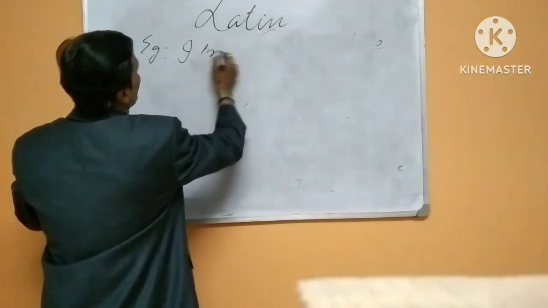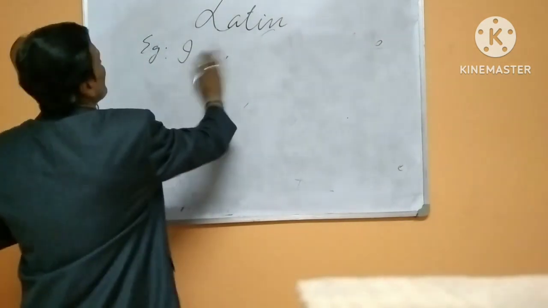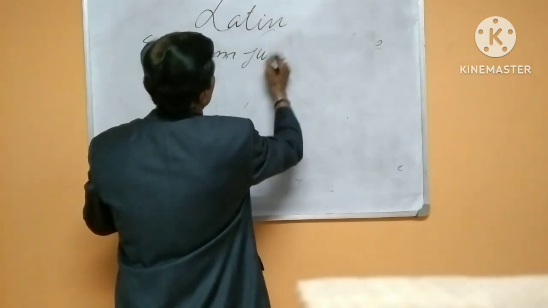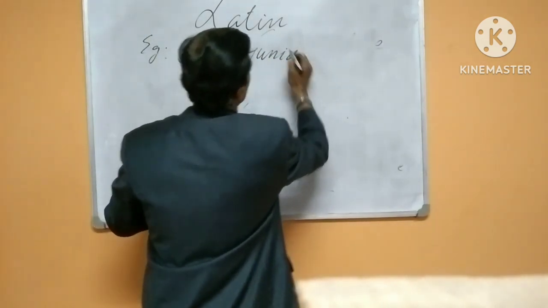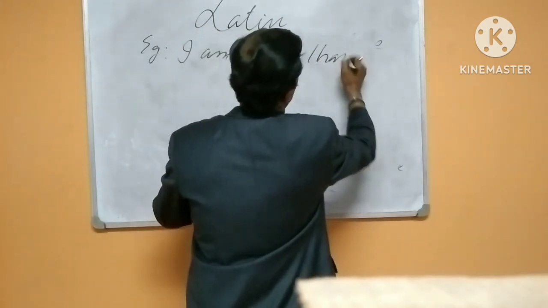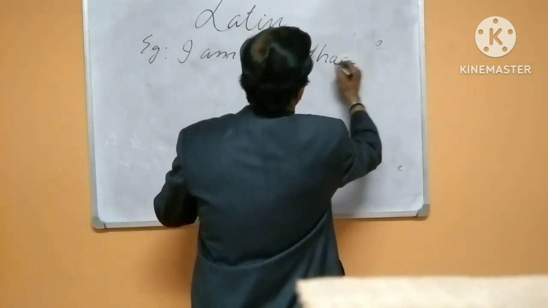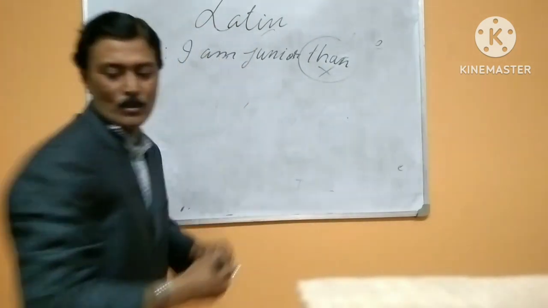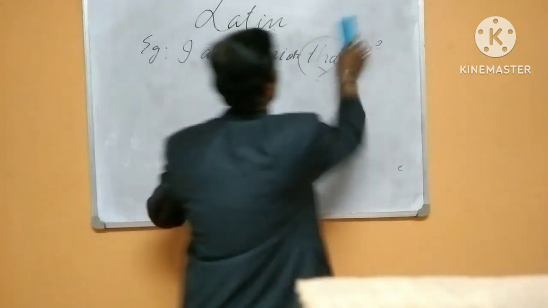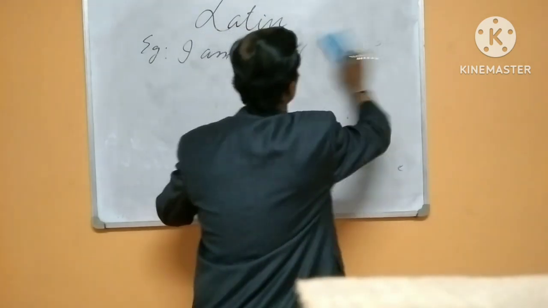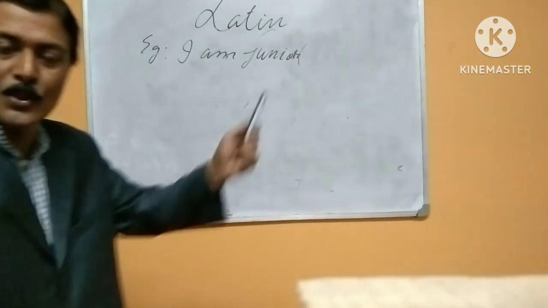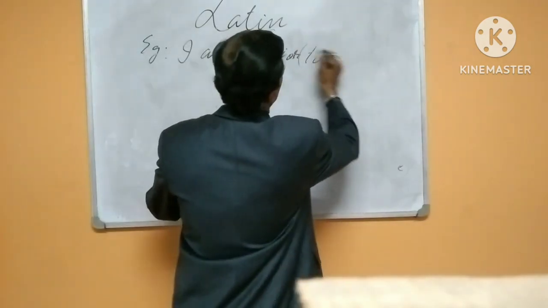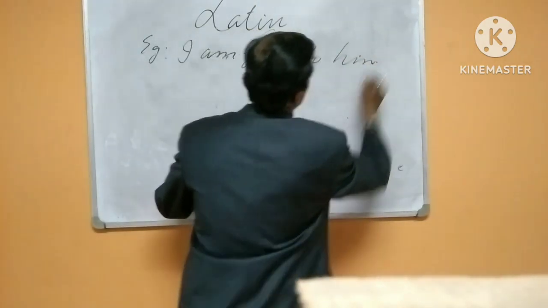I am junior... not than here. Then it's not used here, so you should cross this one out. Instead of than, we definitely use to. So, I am junior to him.